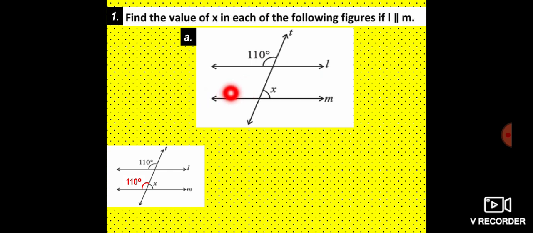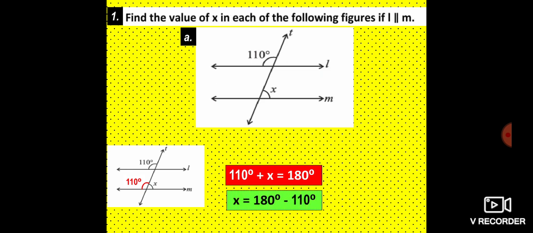Then this 110 degree and x are linear pairs because these two angles lie on line M. Therefore, we can write 110 degree plus x equal to 180 degree. From here, we have to find the value of x. x equal to 180 minus 110. So, x equal to 70 degree. So, we got the value of x.